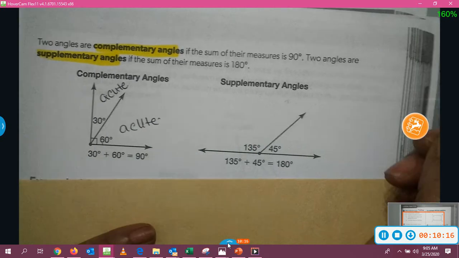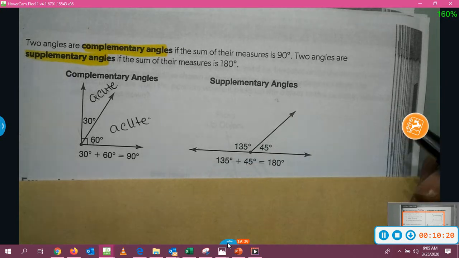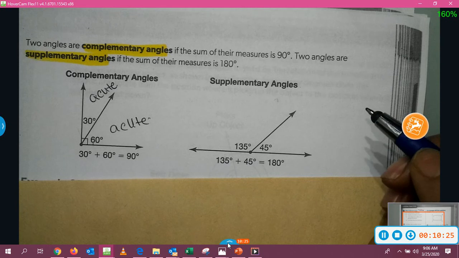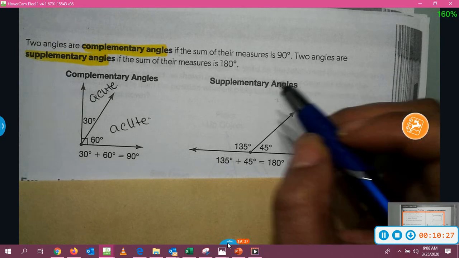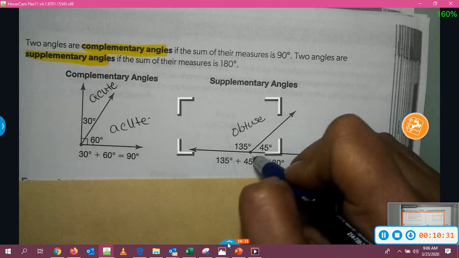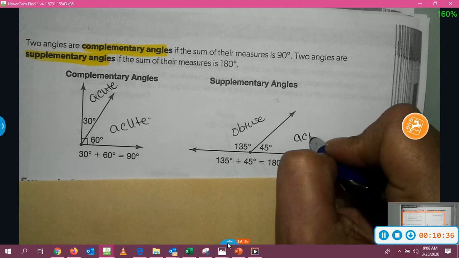So let's look at the supplementary angles. This angle, 135, we know it is not a right angle, and it's not an acute angle because it's more than 90 degrees. So it will be an obtuse angle, and this one is 45. It's less than 90 degrees, so it will be an acute angle.